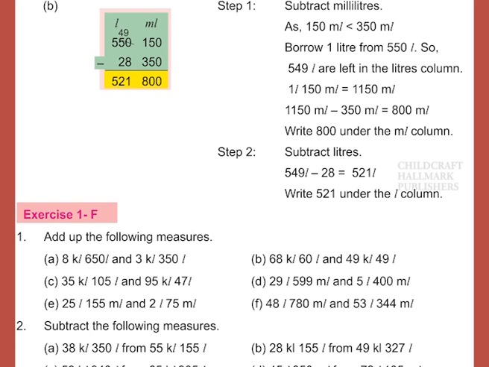Write 800 under the milliliter column. Step 2. Subtract liters. 549 liters minus 28 is equal to 521 liters. Write 521 under the liter column.